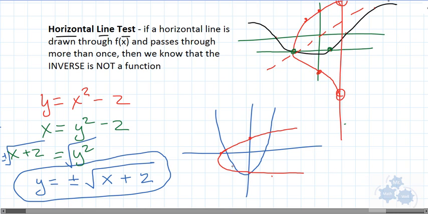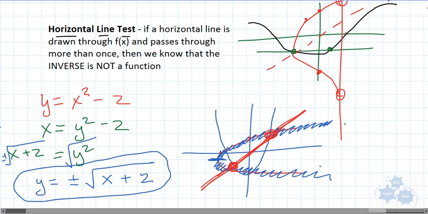Kind of terrible, but anyway, here's your y equals x line. We should have an invariant point there. What this means is that from here up, this is going to be your positive version for the positive part. And then this right here underneath is going to be the negative part. So it's kind of like two parts of the inverse.